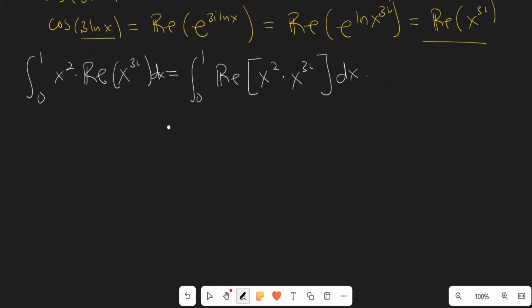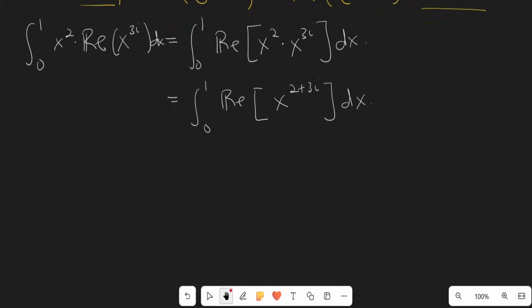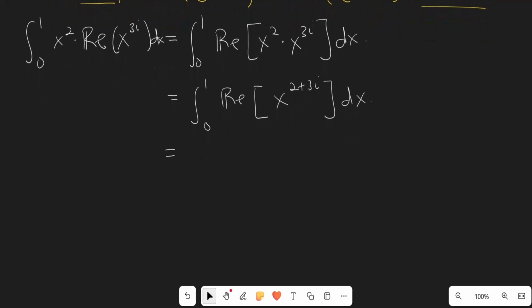But this simplifies to the integral from 0 to 1 of the real part of x to the 2 plus 3i dx. So in the end, we can exchange the real part and the integral. So it becomes the real part of the integral from 0 to 1 of x to the 2 plus 3i dx.